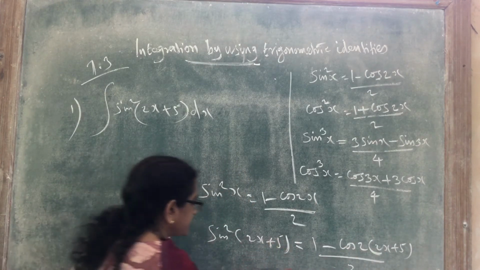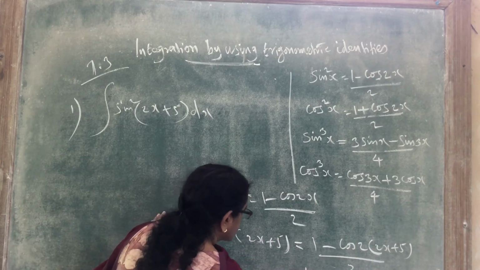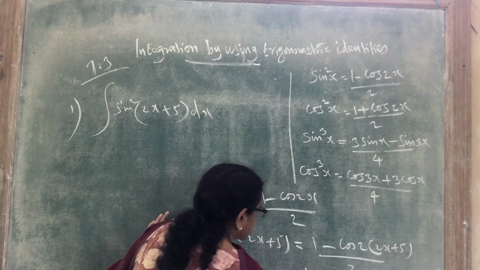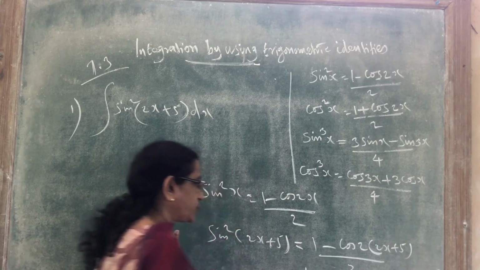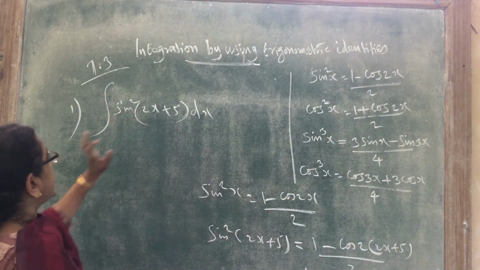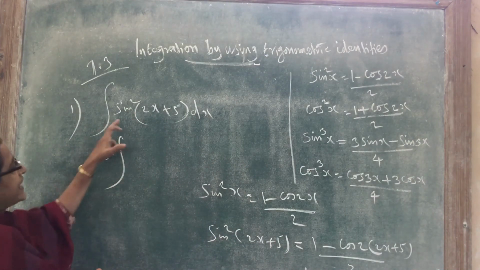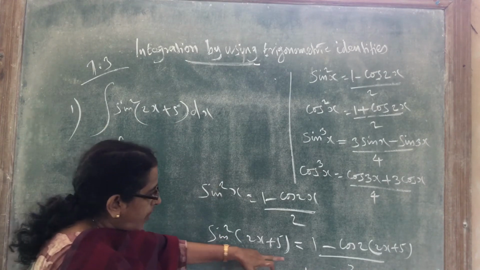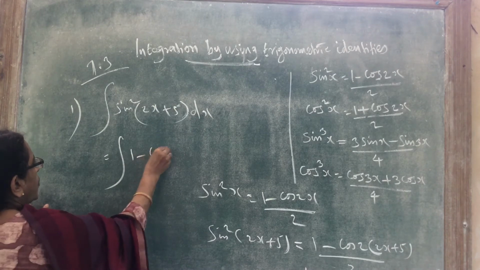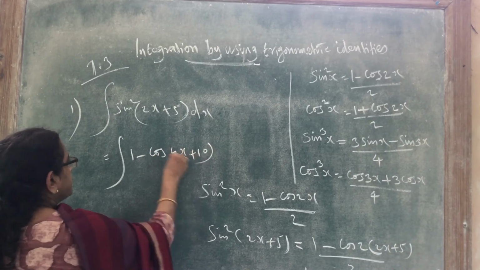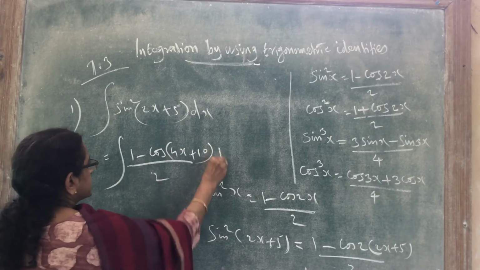So what we get is 1 minus cos of 2 into 2x, that is 4x, plus 2 into 5, that is 10. So cos 4x plus 10, divided by 2. We can use this in the place of sine square. So integral sine square 2x plus 5 equal to integral of 1 minus cos 4x plus 10, whole divided by 2, dx.